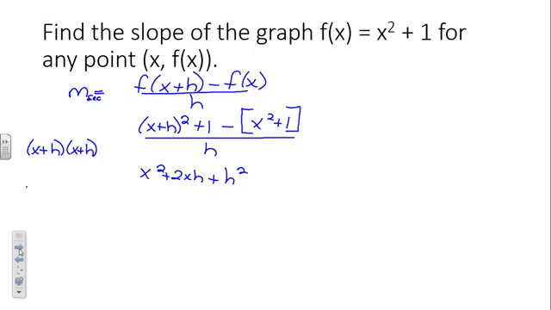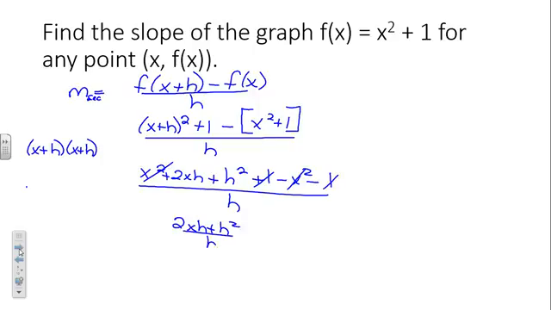Then we've got this plus 1 we can't lose. And then if I take away x squared plus 1, that quantity, I'll get a negative x squared and a negative 1. X squareds are gone. 1s are gone. So what's left? What do they have in common? I take out the h.